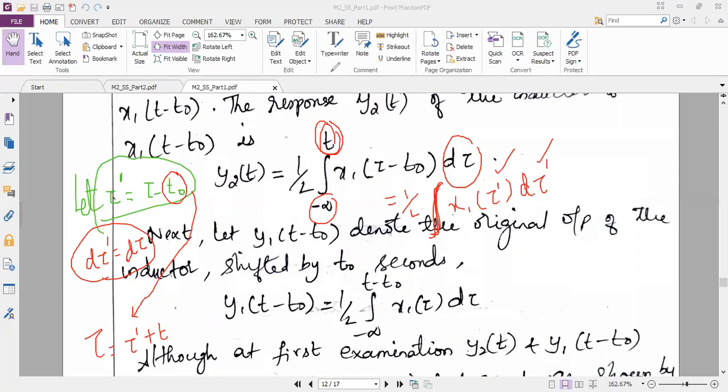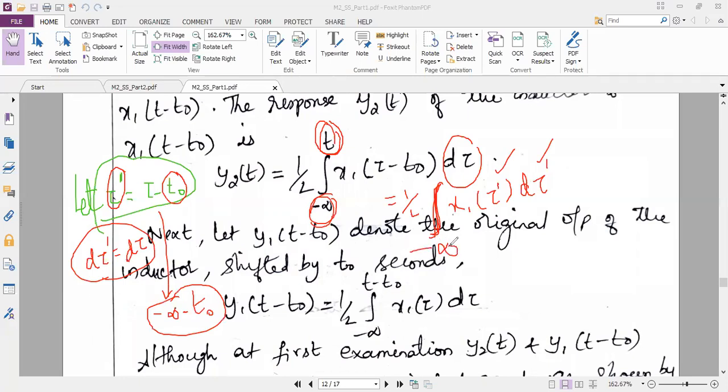I will just keep the same equation because I want tau dash only, not tau. I want the new limit in tau dash. So in order to get the new limit, I will substitute the lower limit, minus infinity, minus t naught. Infinity is always bigger, so my lower limit remains the same.